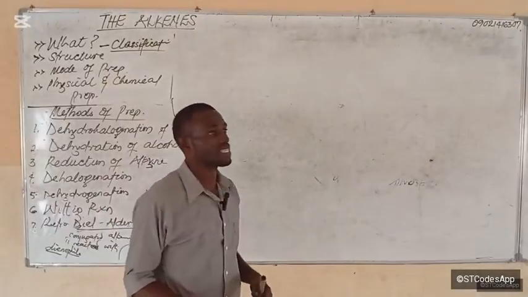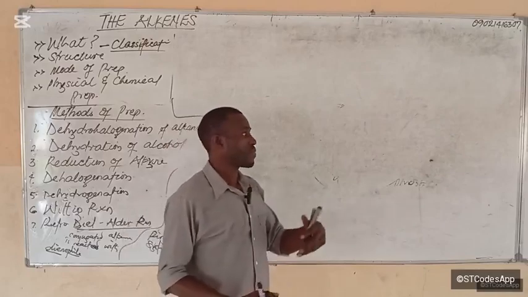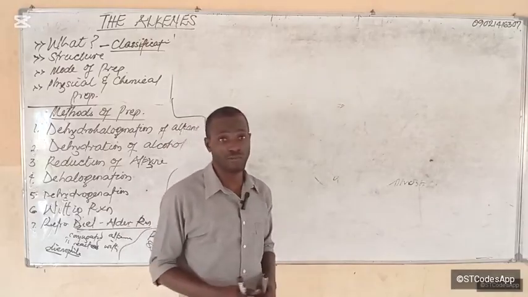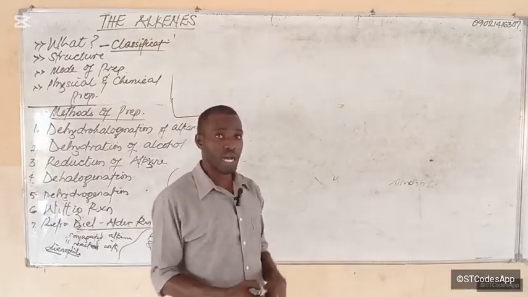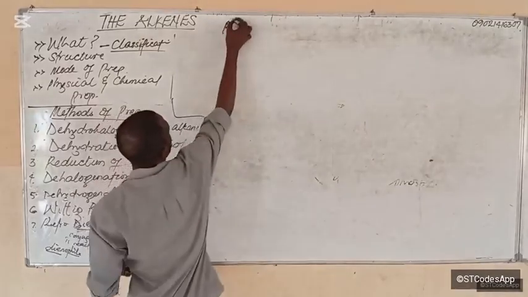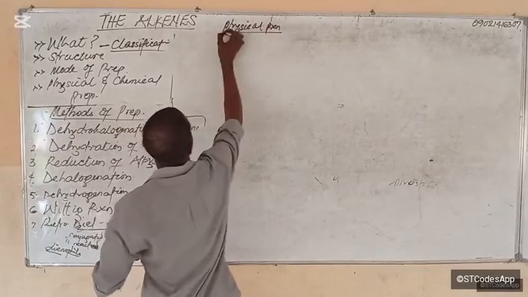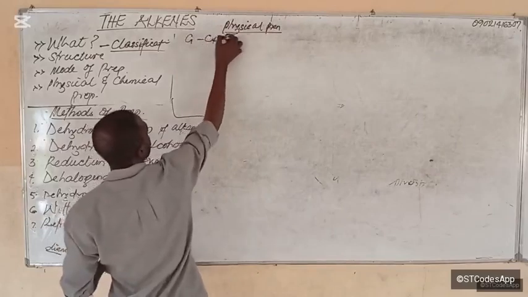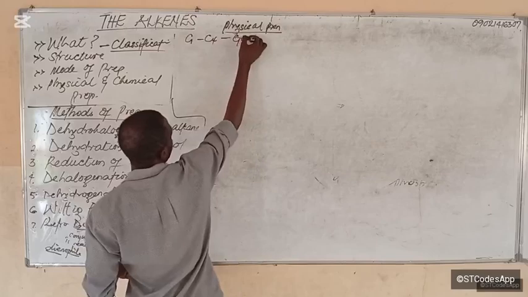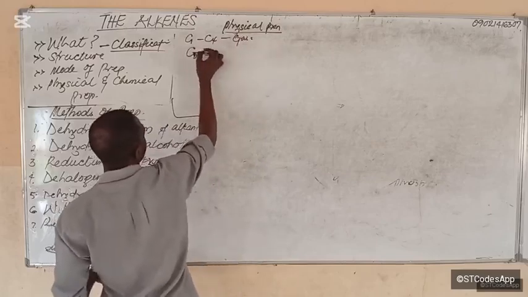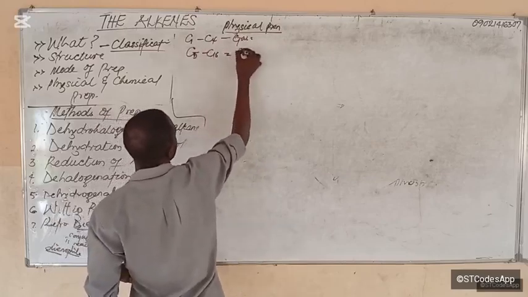Number one is the physical state. From carbon 1 to carbon 4, that will be what? Gas. Then from carbon 5 to carbon 18, that will be what? Liquid.